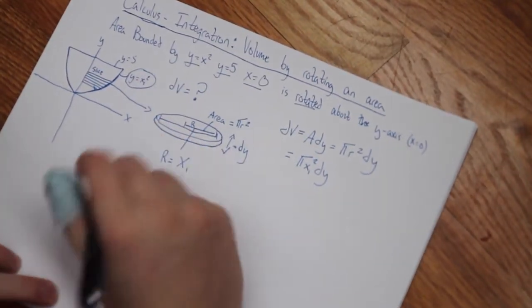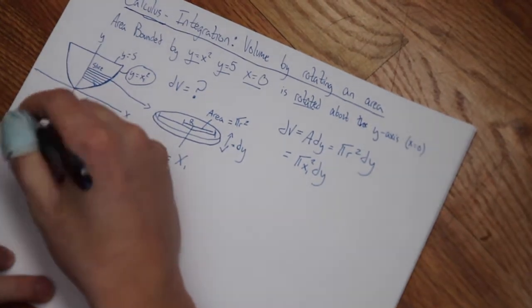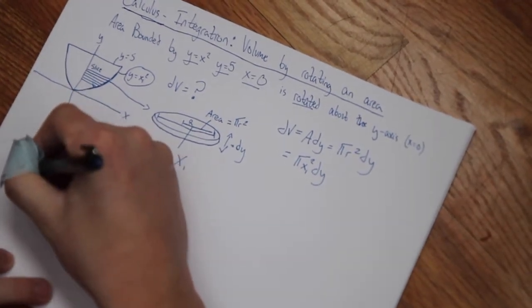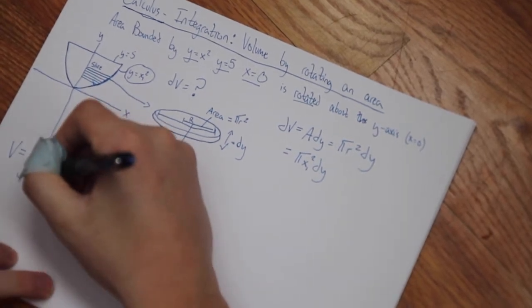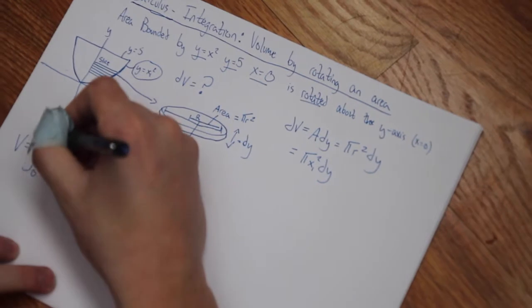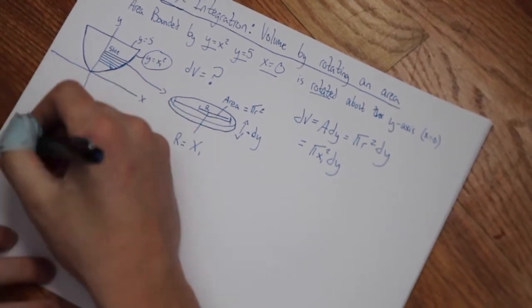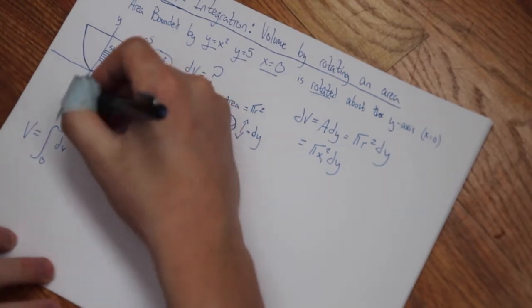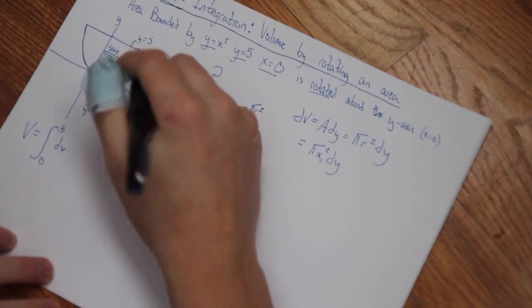We're just going to make an integral for the total volume, which we will call V. Our integral is going to be from 0 to 5 times dV. So, in other words, our integral is going to be from 0 to 5 times pi x squared dy.